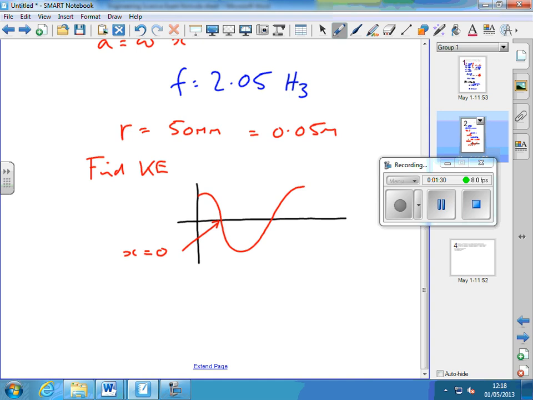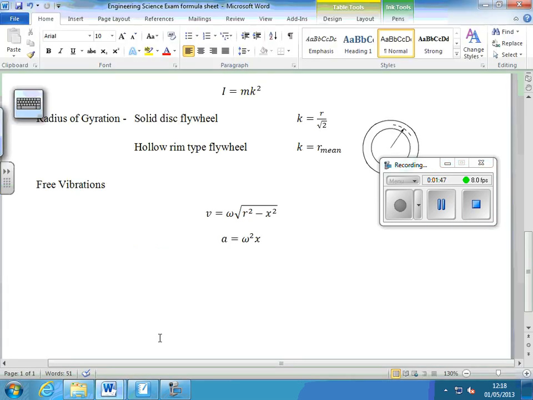And you remember us talking about certain values, and this was one of them. We get maximum velocity as it passes through its midpoint. So we need to find out what the velocity is when x equals 0. If you look at your formula sheet here, you're given the formula for the velocity. So if x equals 0, this formula becomes a lot more straightforward.